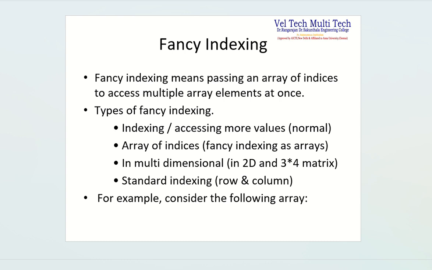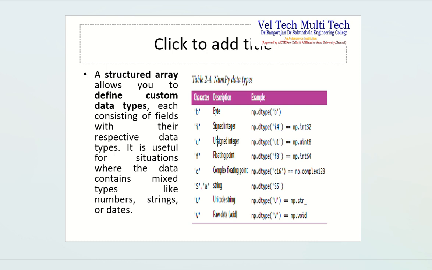For example, consider the following array. A structured array allows you to define custom data types, each consisting of fields with their respective data types. It is useful for situations where the data contains mixed types like numbers, strings, or dates.